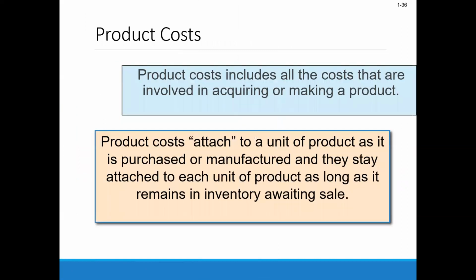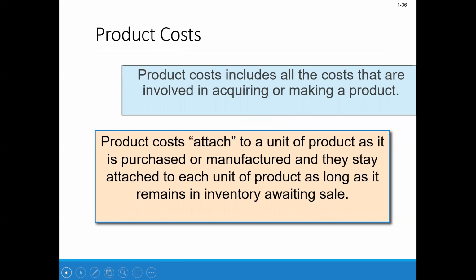Product costs include all the costs that are involved in acquiring and making the product. Product costs get attached to a unit of product as it's purchased or manufactured, and they stay attached to each unit of product as long as it remains in inventory awaiting sale.